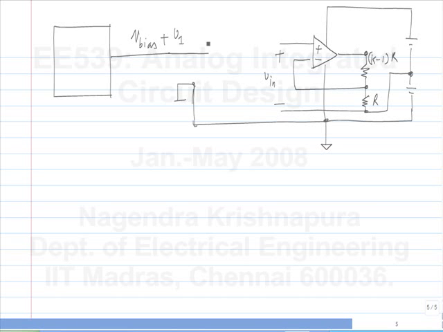Yeah. So what we have to do is we connect V bias here at this point, or this one.